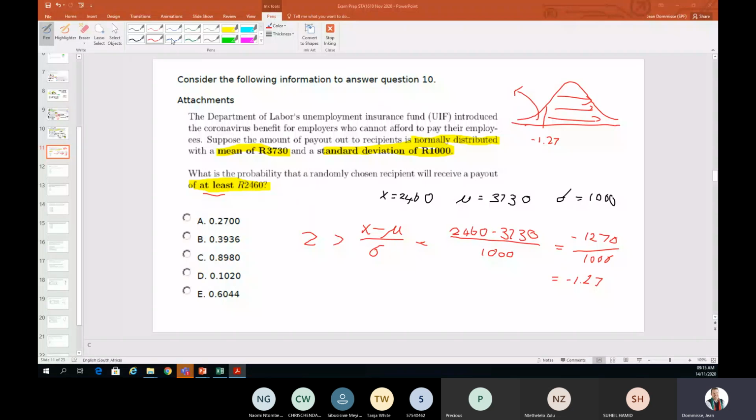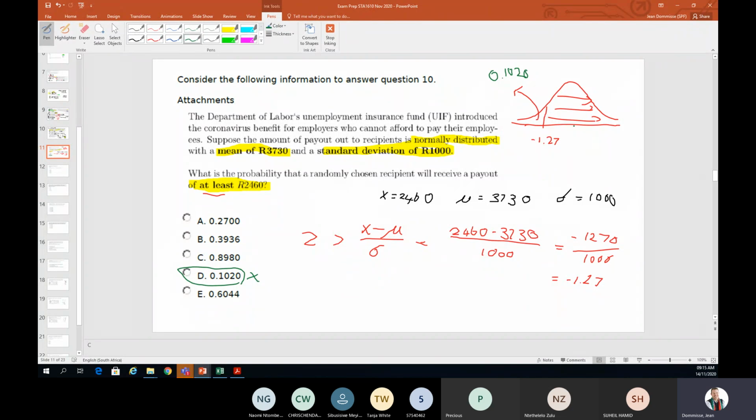So that part is 0.1020. But that's not my answer. I'm looking for this part. So 1 minus that will give me my answer.